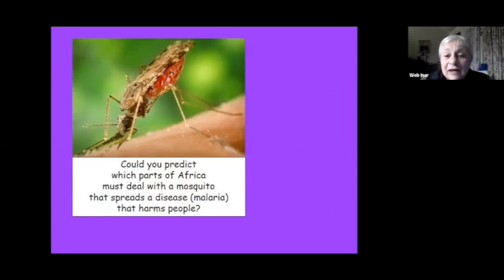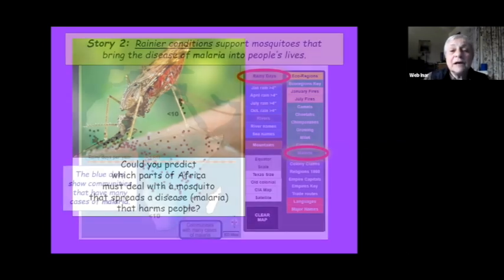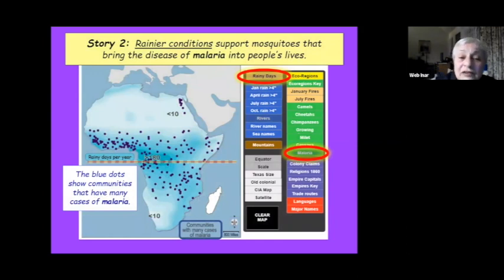We're going to look next at a layer called malaria, which is spread by this ugly mosquito. It truly does harm people's health in the parts of Africa where you have a lot of malaria. The blue dots show the communities that have many cases of malaria, and the question is, where is malaria?